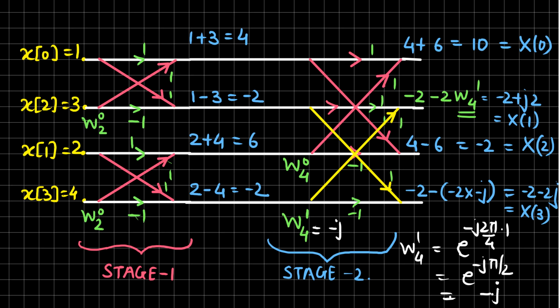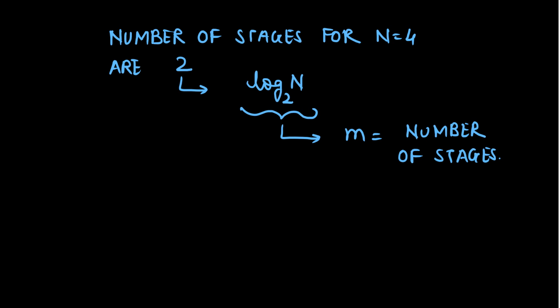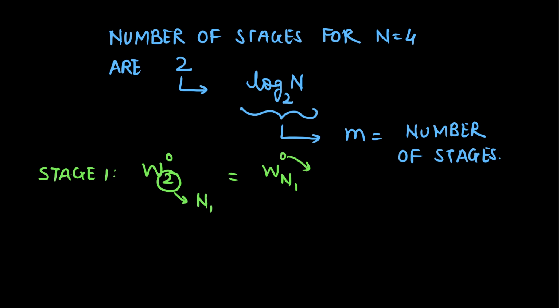Now another thing that we need to observe are the twiddle factors. So in the first stage, the twiddle factor is W2 to the power 0. So now if I represent this 2 by n1, I can just write it as Wn1 to the power 0, and this 0 can be represented by n1 by 2 minus 1.